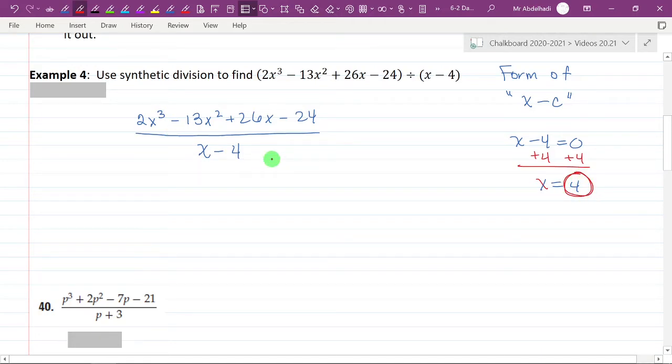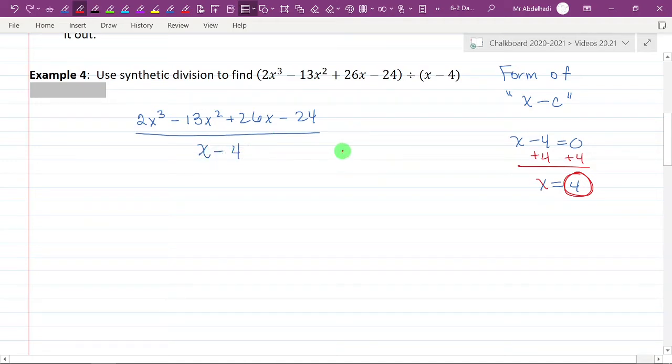Okay? And here's what we do with it. Now, synthetic division is a little weird looking. It's not exactly the same as regular division or long division, so follow me on this. You're going to look at your denominator. As long as there's no number in front of the x, it works. Like for instance, if this was 3x minus 4, you have to use long division. If this was x squared minus 4, you have to use long division. If this was x squared minus 4x, you have to use long division.